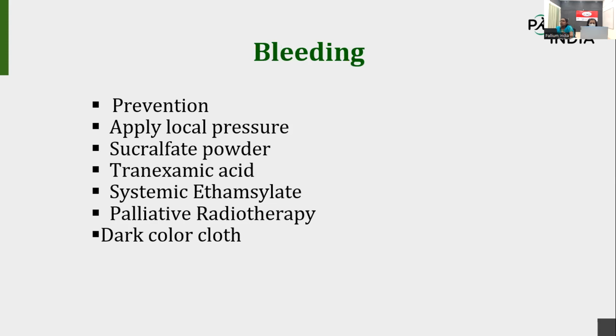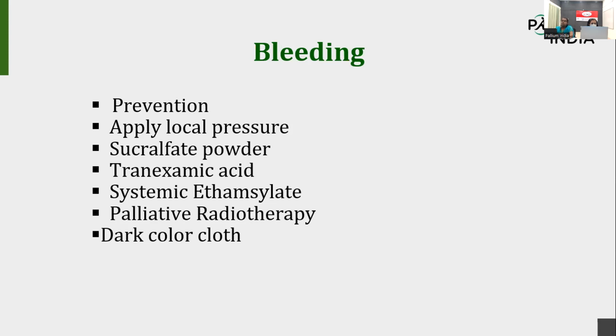Bleeding: always try to prevent it, because the dressings are always adherent to the wound. Before removing the old dressings, you have to soak with normal saline or normal water. Then you can try to remove the old dressings. If they have bleeding on the wound, you can tell them to apply local pressure.